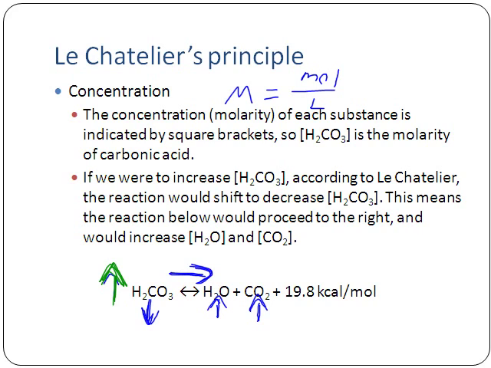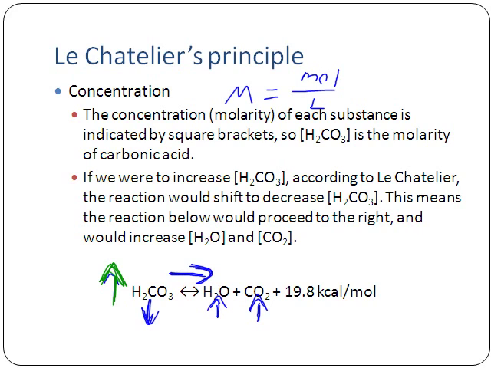The thing to remember whenever we talk about this, though, is that in the process of doing this, it is not going to change what KEQ is. The equilibrium constant is going to stay the same even as we change the concentrations of things on both sides. The reaction is going to shift in order to basically bring things back to that equilibrium constant.